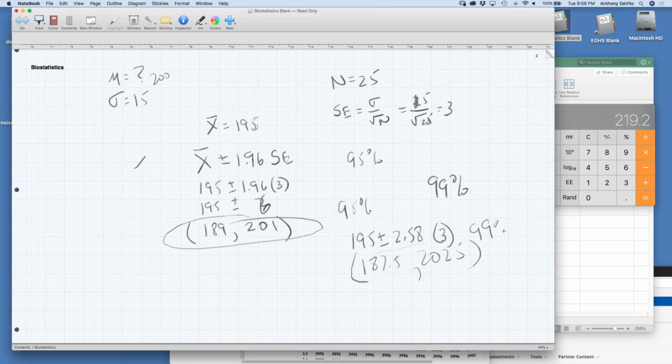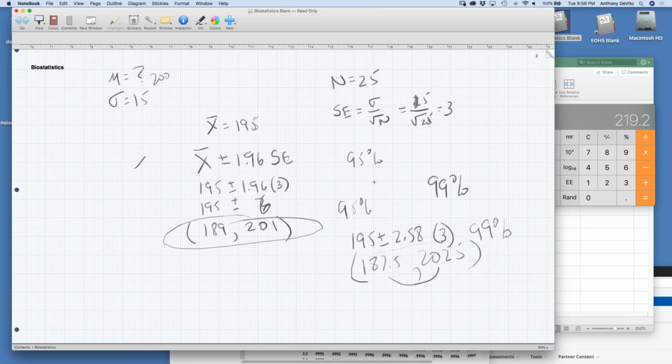So our 99% confidence interval turns out to be wider than our 95% confidence interval. That makes sense. If I make those two numbers further apart, I am more certain that the true mean is going to be between these two numbers somewhere. If I make them narrower, then I'm less confident.